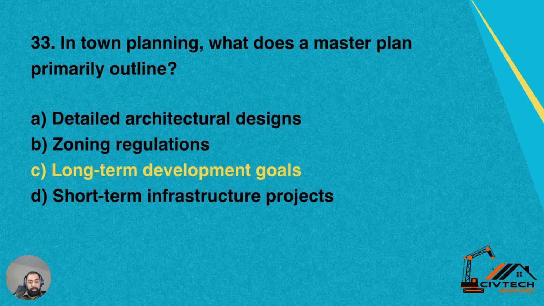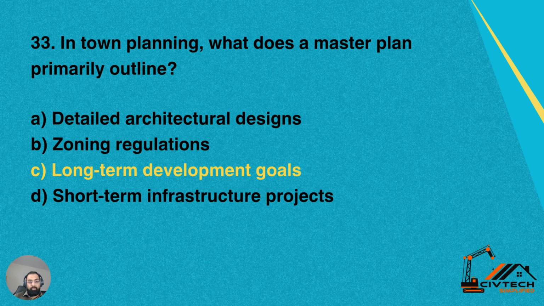So the master plan is a long-term plan. Maybe after 50 years, after 100 years, we propose things as per the long-term needs of that area or town. So those features are placed at the master planning stage.